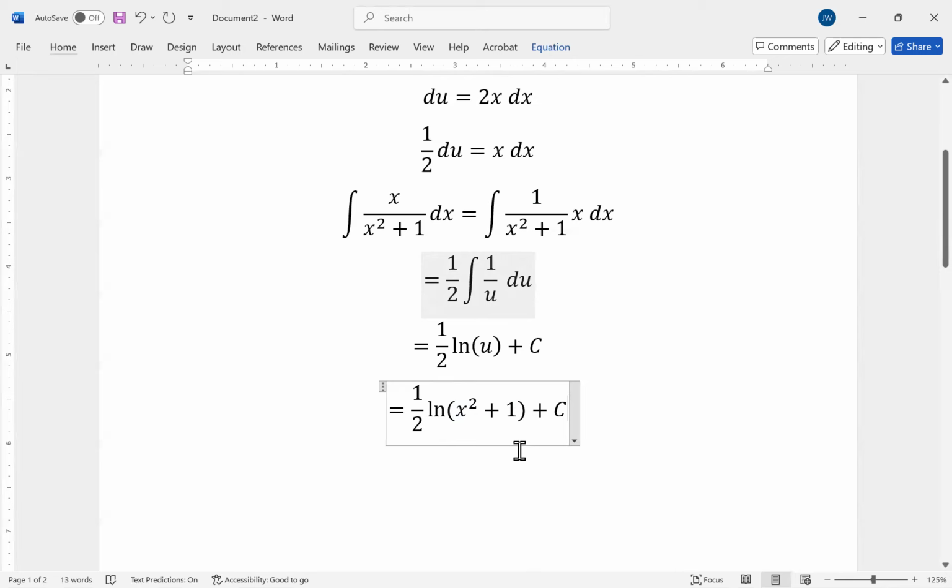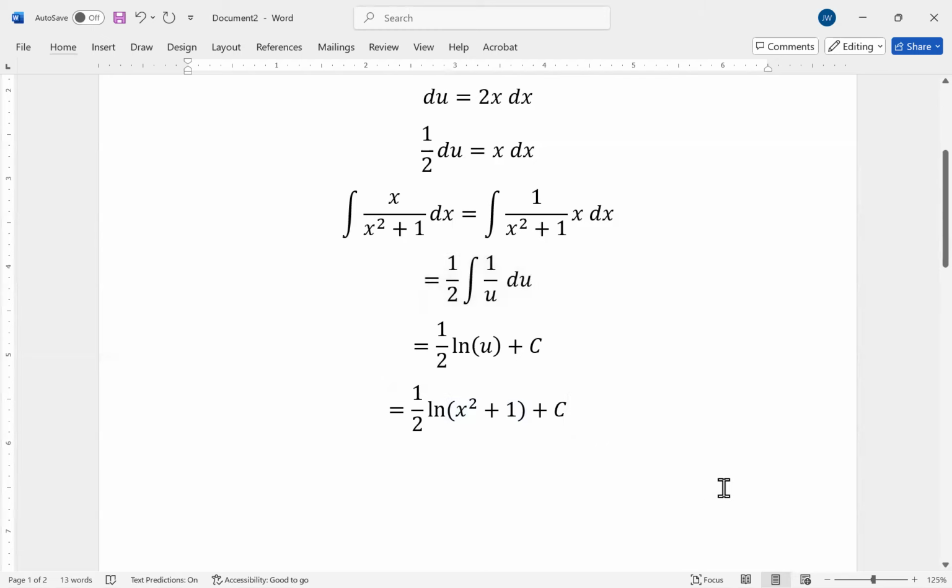So that is my antiderivative. I like to write parentheses around this. Obviously, some people would write absolute values. In this case, you're always going to get a positive number anyways, but I always write parentheses around this argument inside of natural log.